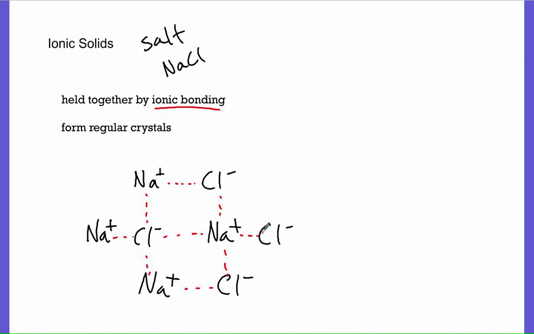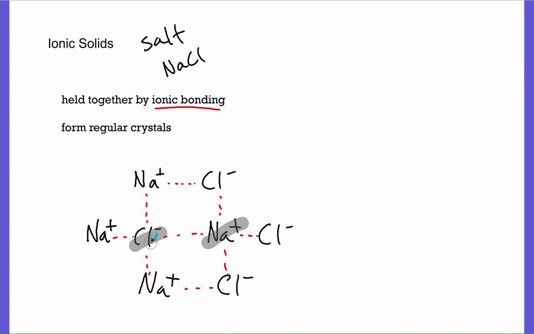Remember, there's actually, for each of these central ions, so if I'm looking at this chloride ion here, or this sodium ion here, there should actually be, for the chloride, a sodium out in front of the screen that you're looking at, and also a sodium back behind it, because it needs to be surrounded by those sodium ions.